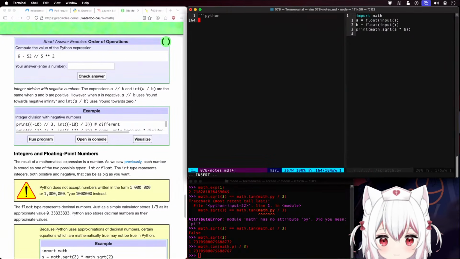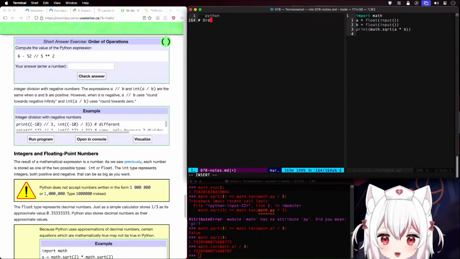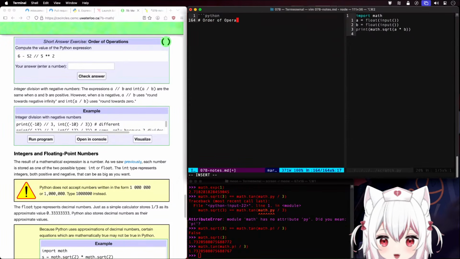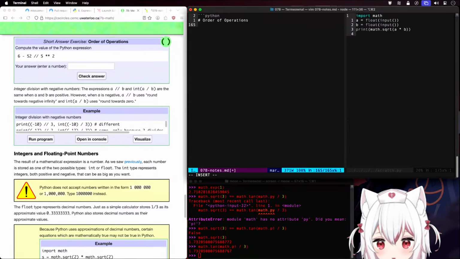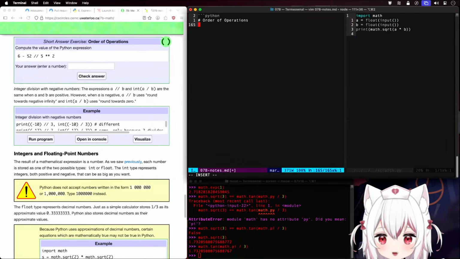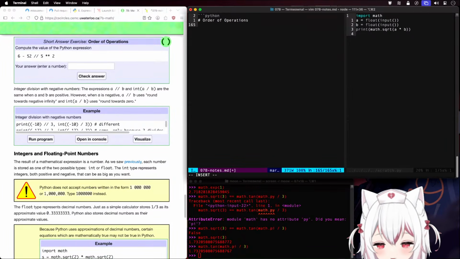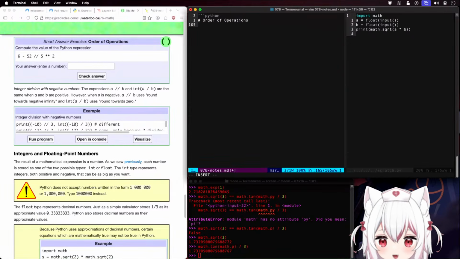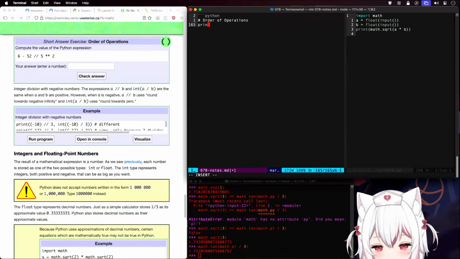Python. Order of operations. Compute the value of the Python expression. Guess we could just put it in a print.